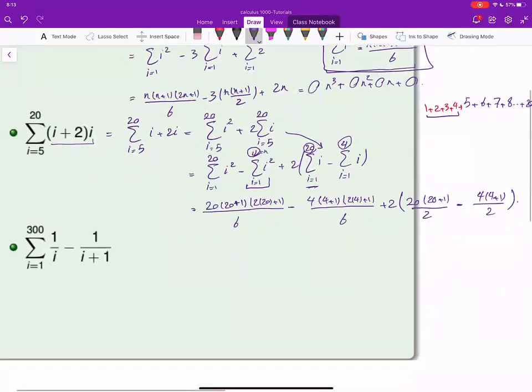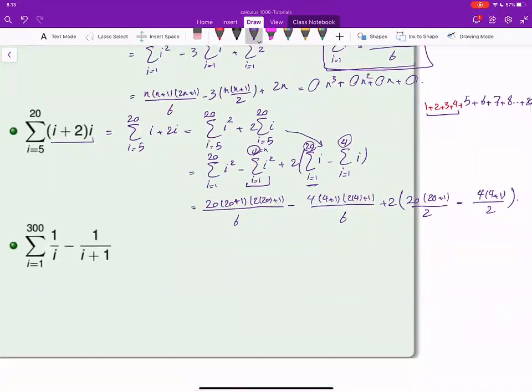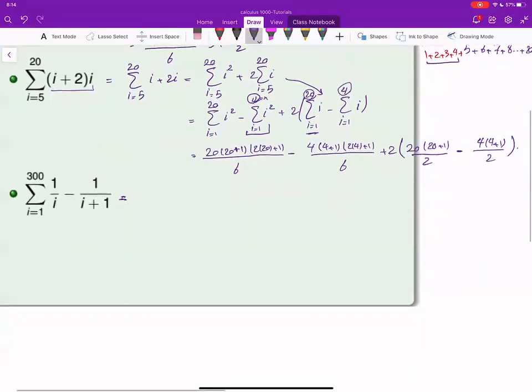The last example here: you look at this and say, okay, these are not powers of i, and I have 1 over i minus 1 over i plus 1. If you don't have any of those formats that we have seen so far, and this is not a geometric series, then let's just open this up and get rid of the sum notation and see how this works.